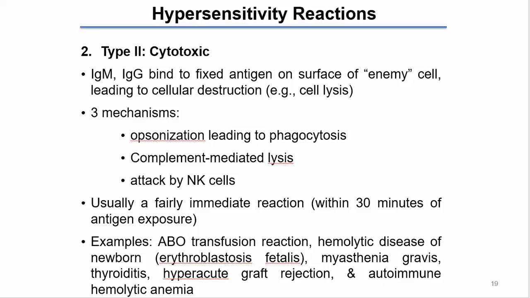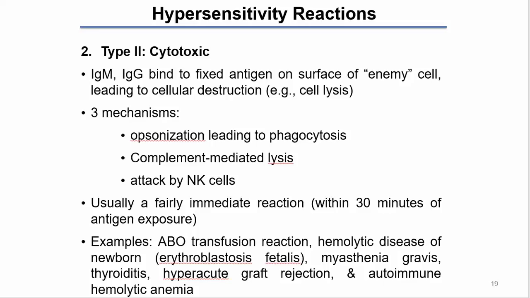And then that leads to cellular destruction, usually by complement, by tagging that enemy cell for cytolysis by complement. It also leads to phagocytosis through opsonization, in that the phagocytes will target the cells that have the IgMs and the IgGs stuck to it.